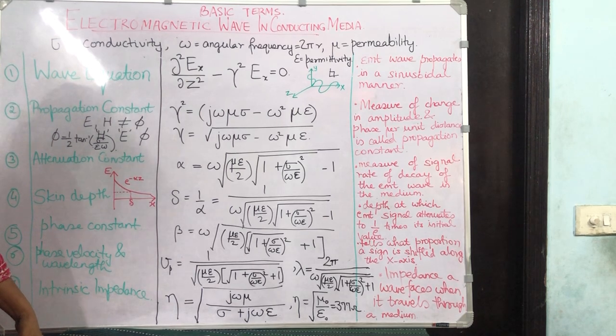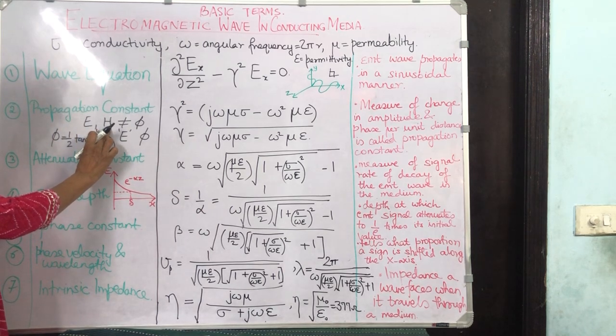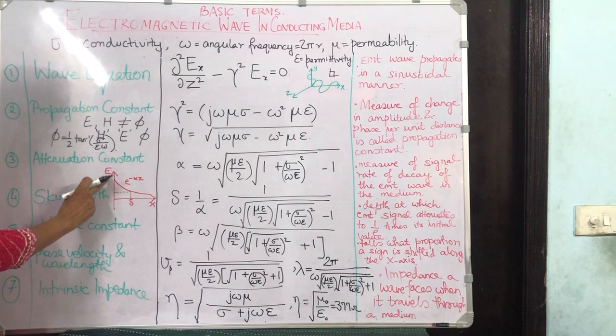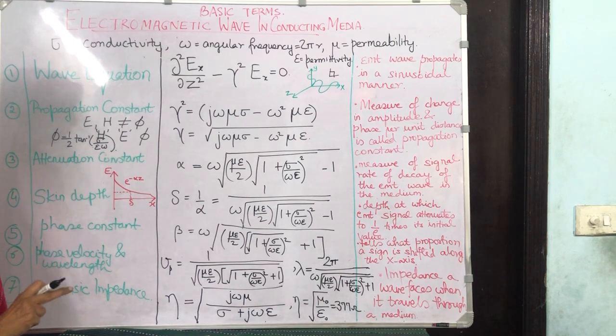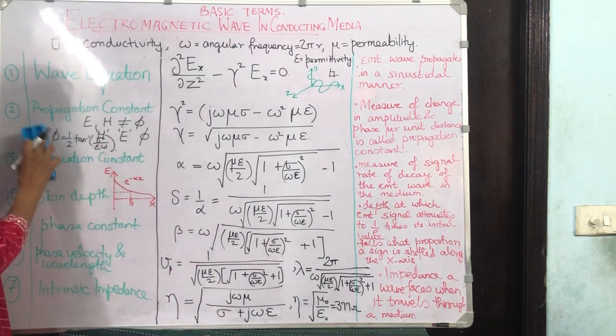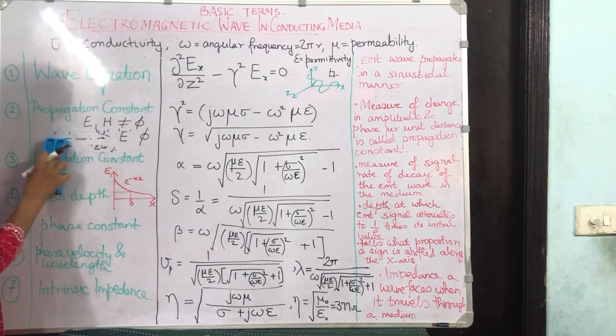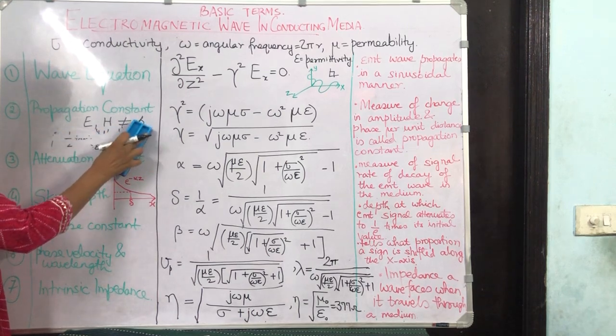Just remember one thing, that the magnetic energy density is much greater than electric energy density, and the electric and magnetic fields in conducting media are damped off exponentially and are not in phase with each other.